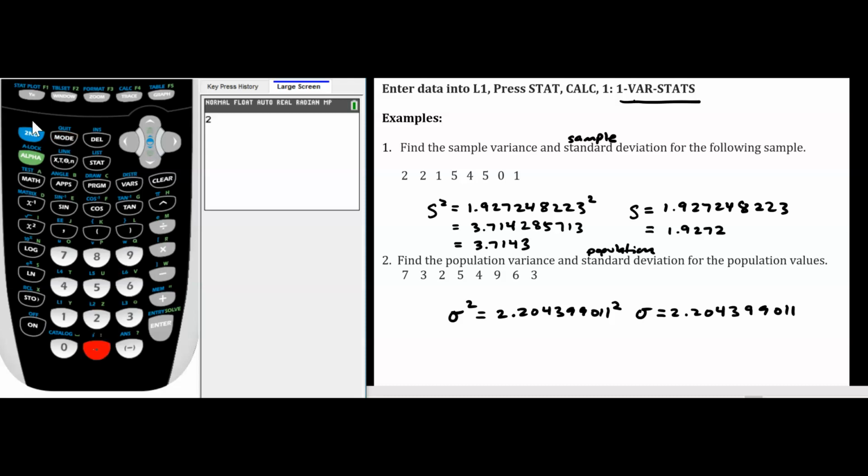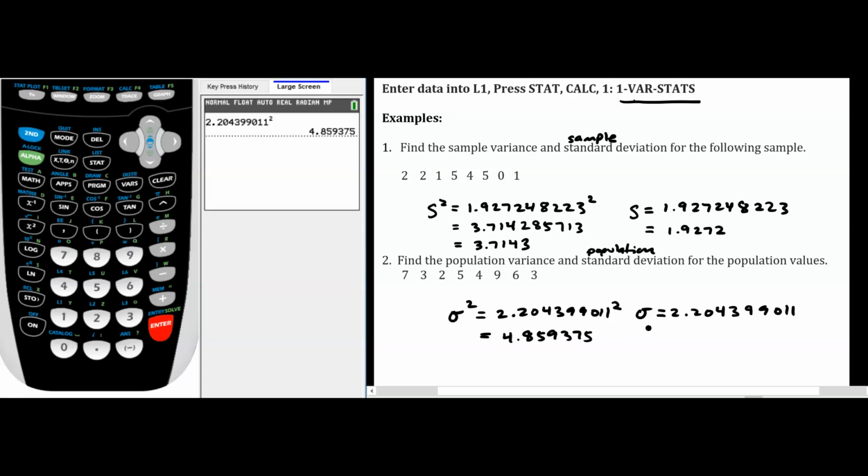So we have 2.204399, whoops, that should be 011 squared. And we get a population variance of 4.859375.